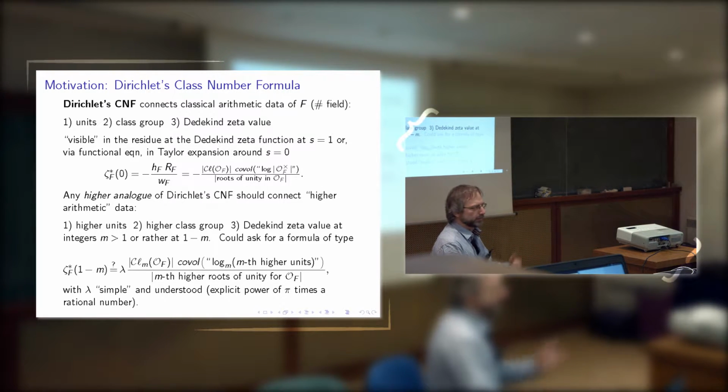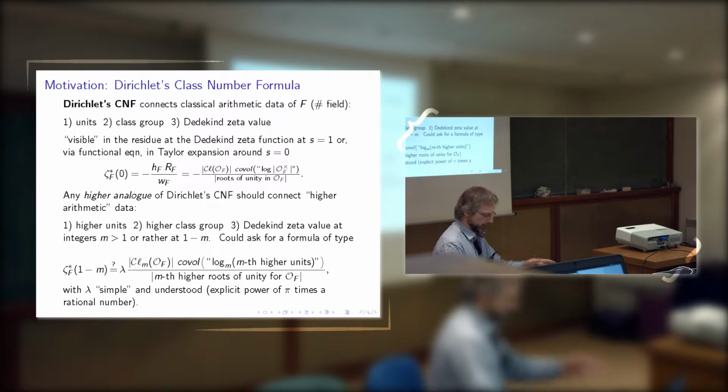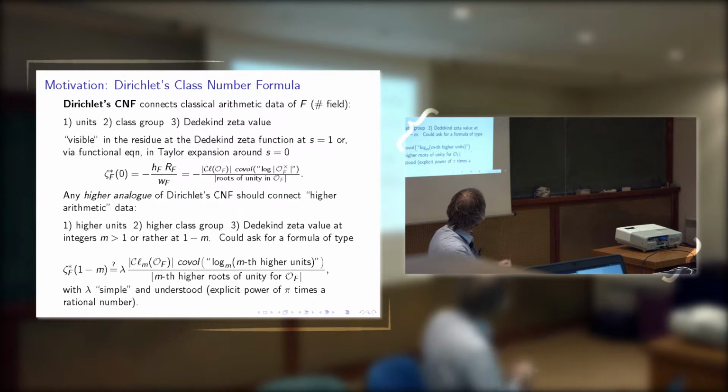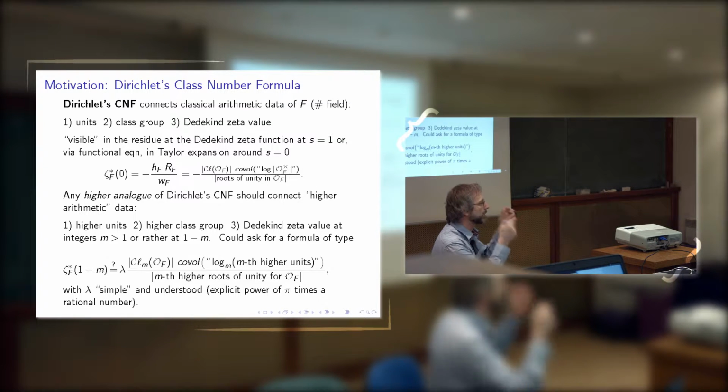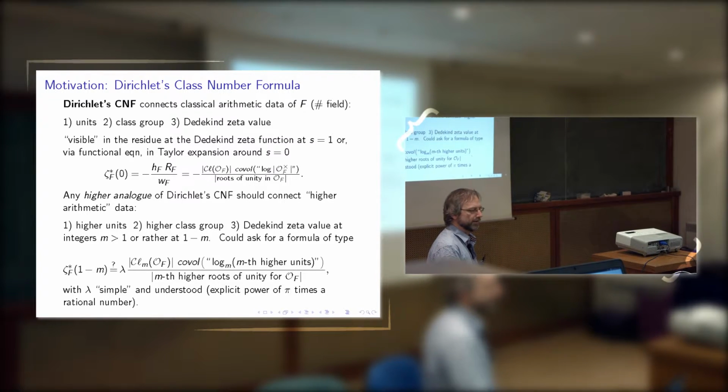And then we could ask for a formula that has a similar flavor, that zeta_F at 1 minus m is a product, say in the numerator, of the higher class group, Cl_m being here an ad hoc notation for a higher class group of O_F.